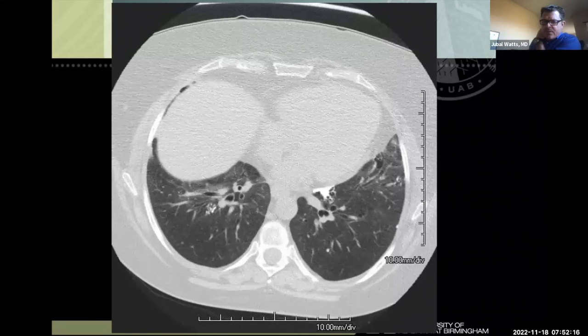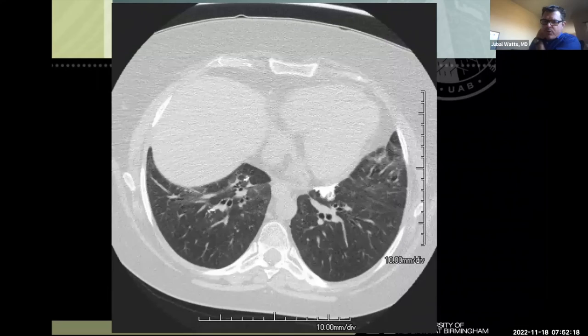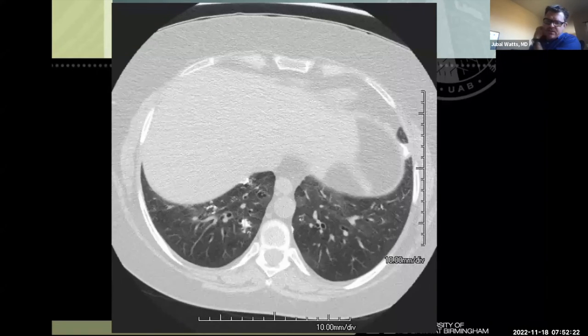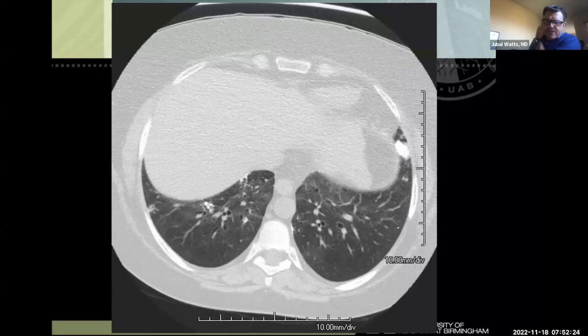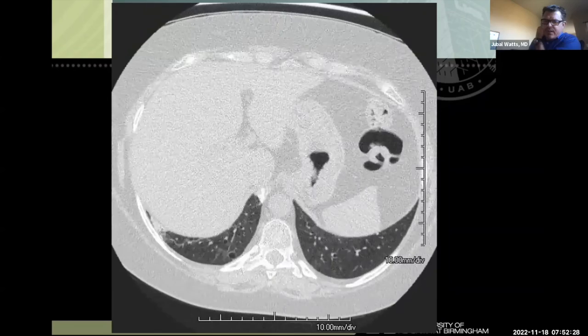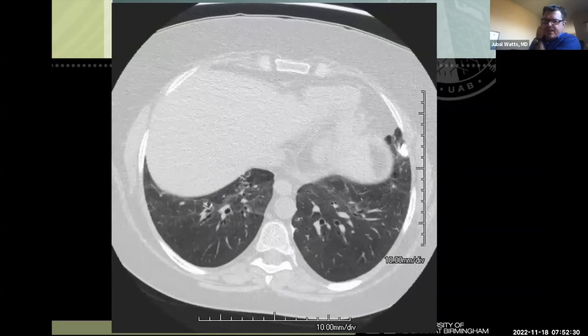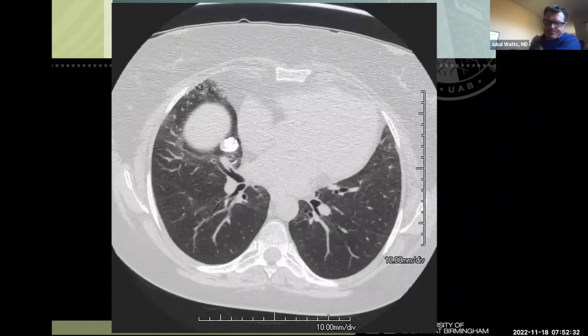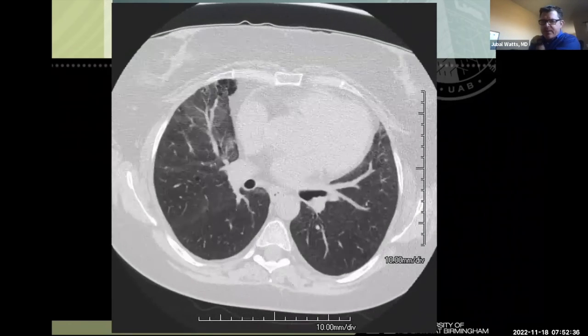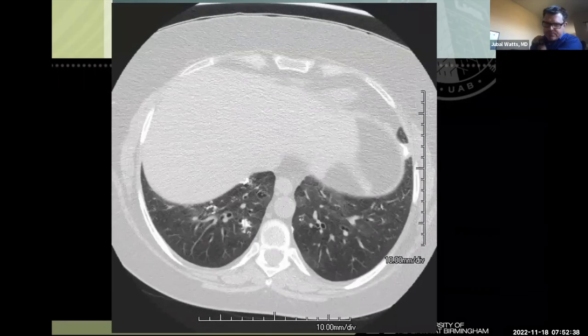And we're recognizing more and more that LIP is frequently seen with the nodular type of pulmonary amyloid. And so these areas of bizarre calcification are actually pulmonary amyloid. So this is a patient with LIP and amyloid.